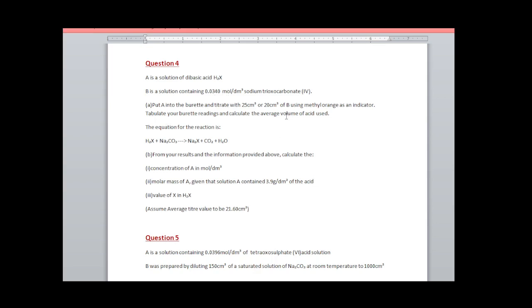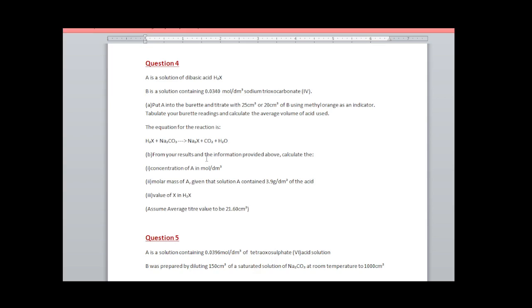We are asked to put A into the burette and titrate 25 centimeter cube of the base against the acid, using methyl orange as an indicator. The equation for the reaction given is H2X plus sodium trioxocarbonate gives Na2X plus carbon dioxide and water.